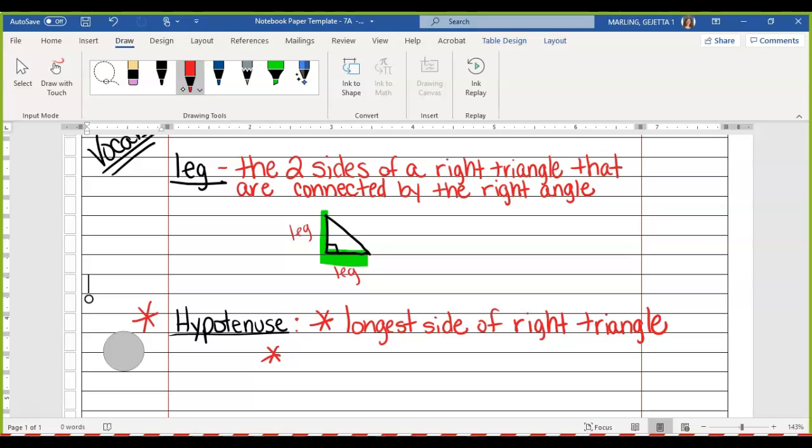The hypotenuse is always located opposite the right angle.